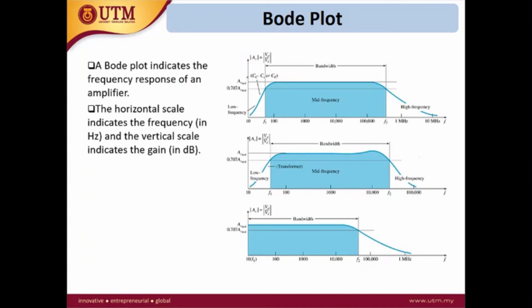The y-axis is the gain, usually in dB, and the x-axis is the frequency. From the Bode plot, we can see the change of the gain with respect to the frequency.